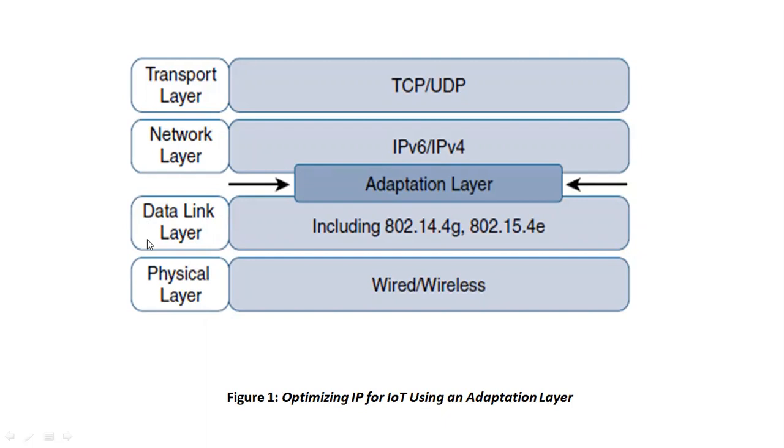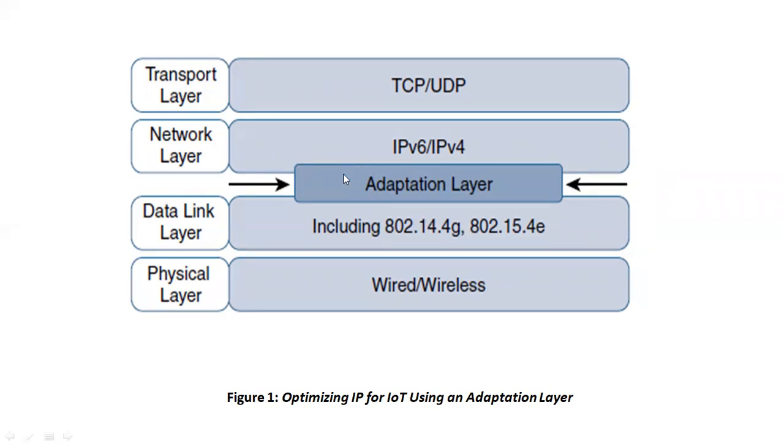Here we consider the physical layer and data link layer as the lower links. On top of the data link, which layer is there? The network layer is there. And what is its protocol? It is either IPv4 or IPv6. I simply call it IP, that is Internet Protocol. So this adaptation layer is bridging the gap between this IP and these protocols.